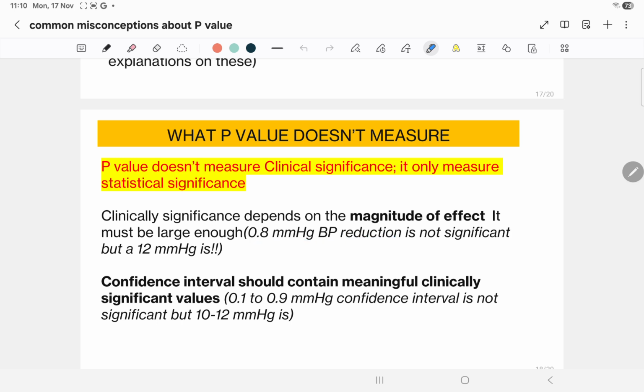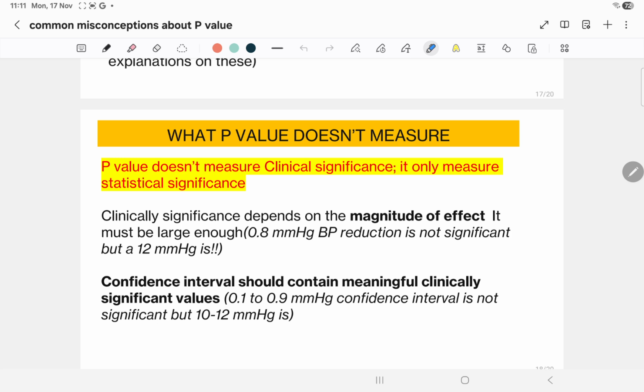No, but it can be statistically significant. So data can be statistically significant, which is measured by p-value, but it is very much possible that there is no clinical significance.